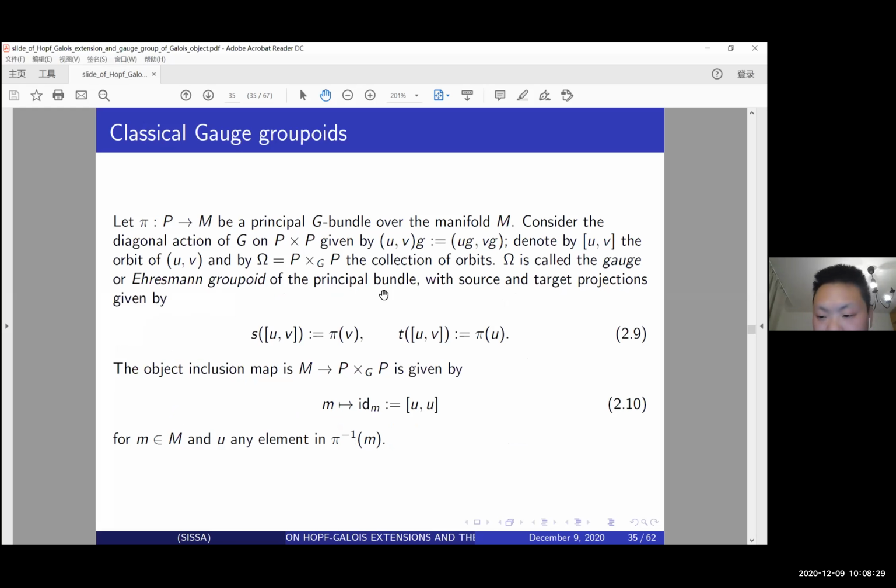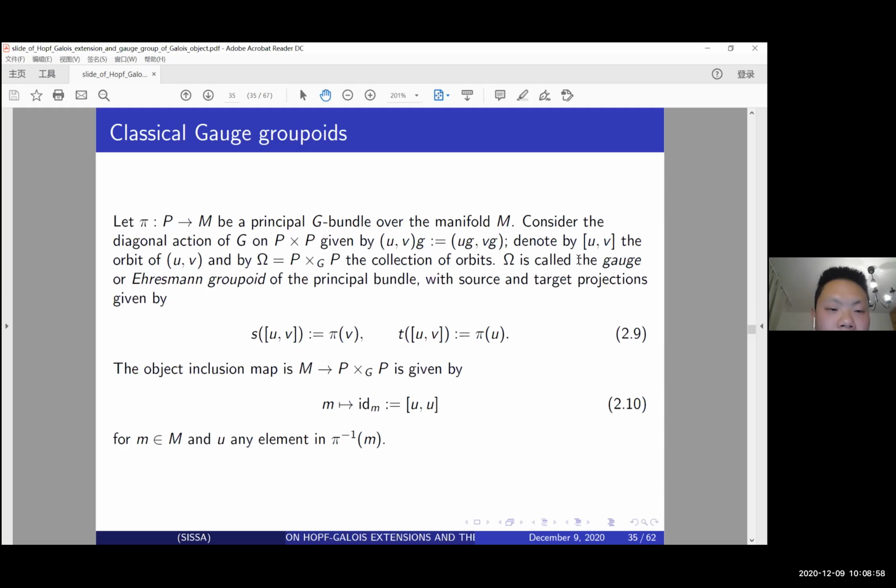First, let's recall the classical gauge groupoid corresponding to a principal G-bundle with total space P over M. First consider the diagonal action of G on P times P given by multiplication on the right-hand side of u and v, and we denote the equivalence class of (u, v) as the orbit of (u, v), and Omega being the collection of the orbits.